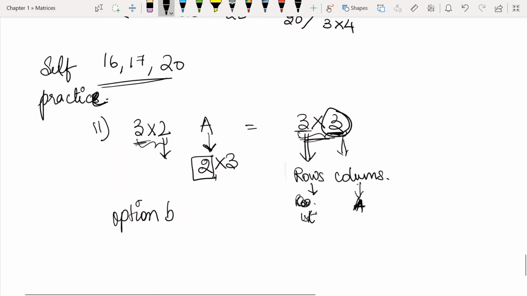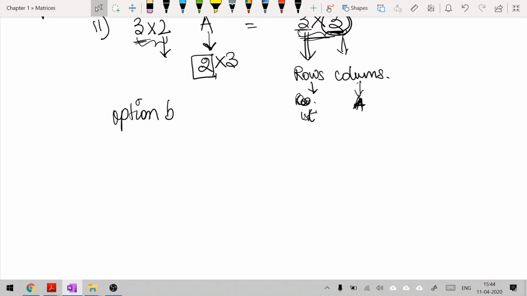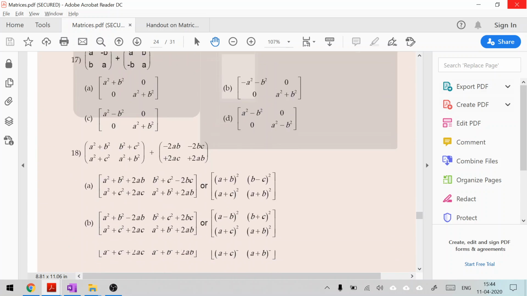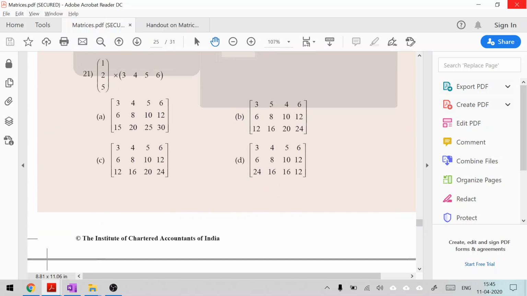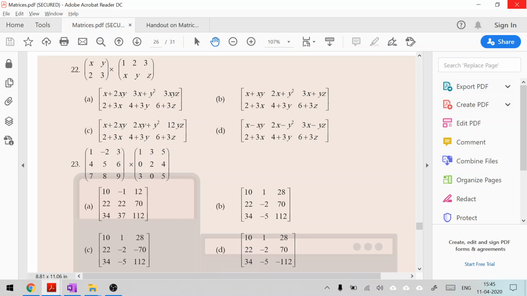Okay, so this question is something which I missed. Next, come to your exercise, question number 22. Question number 22 has 2 columns and 2 rows, so the number of columns is equal to the number of rows, and they can be multiplied.